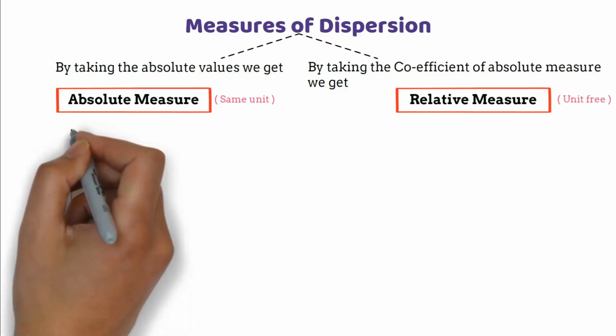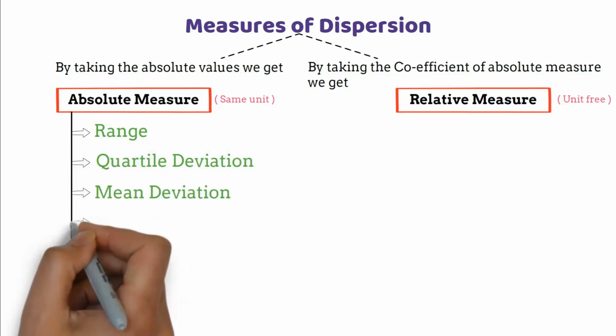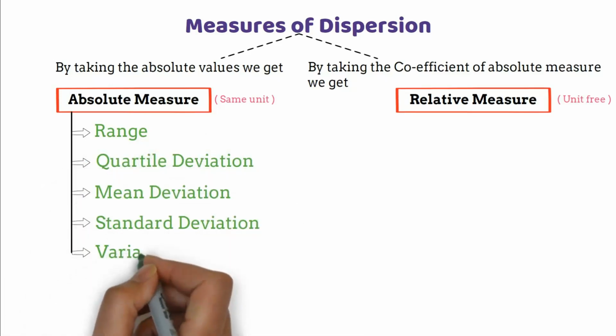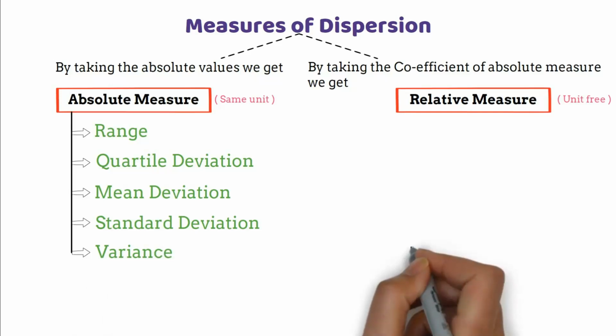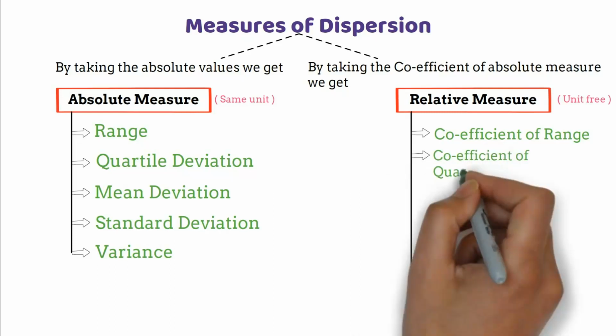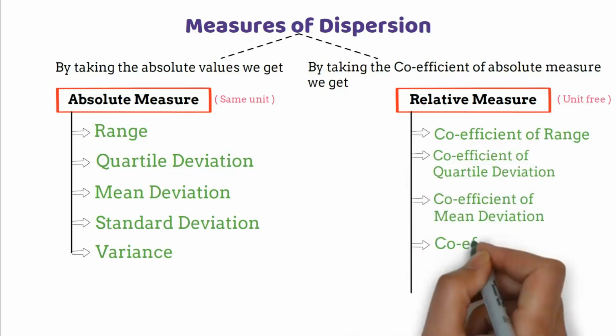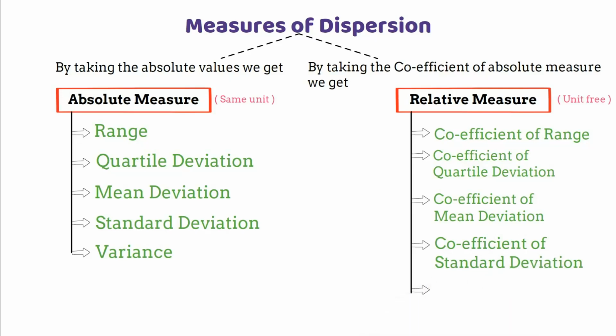Absolute measures are range, quartile deviation, mean deviation, standard deviation, and variance. Relative measures are coefficient of range, coefficient of quartile deviation, coefficient of mean deviation, coefficient of standard deviation, and coefficient of variation.